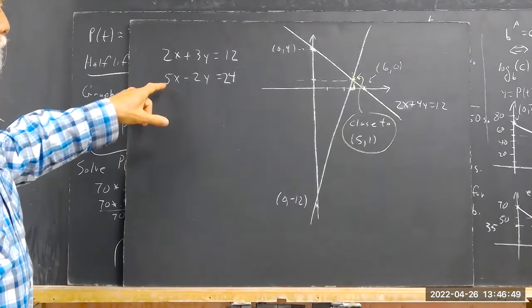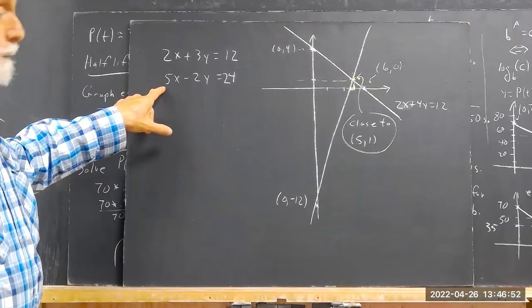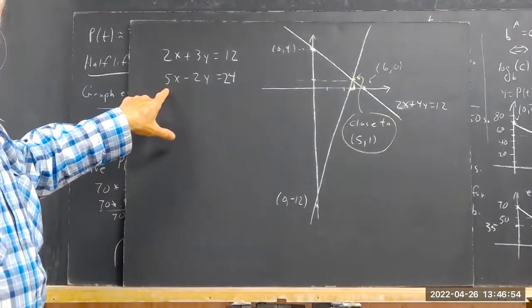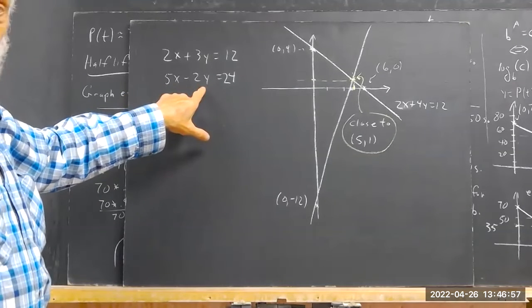How about here? 5 times 5 is 25, right? And 2 times 1 is 2.